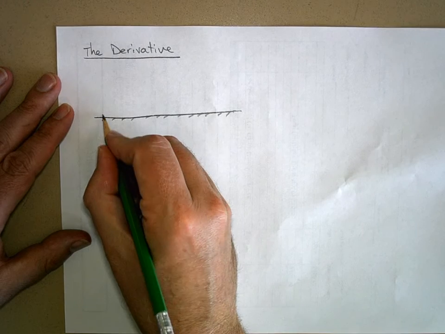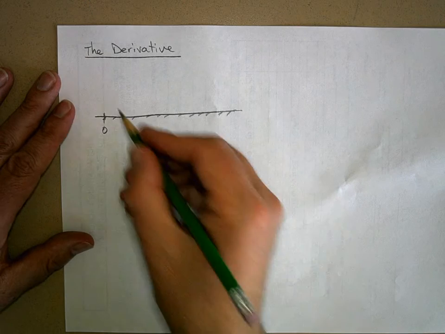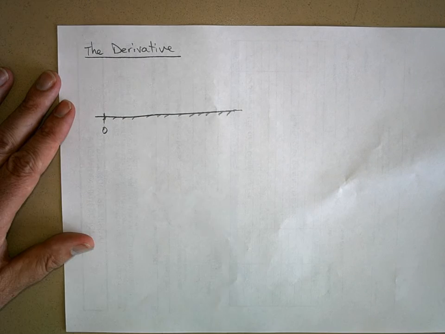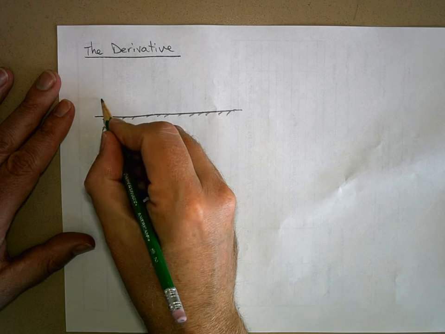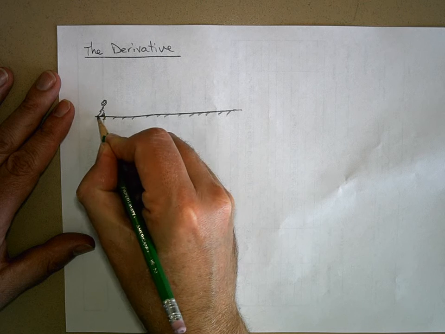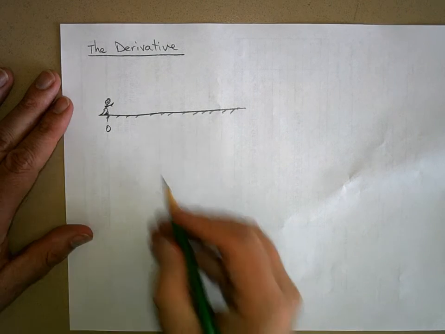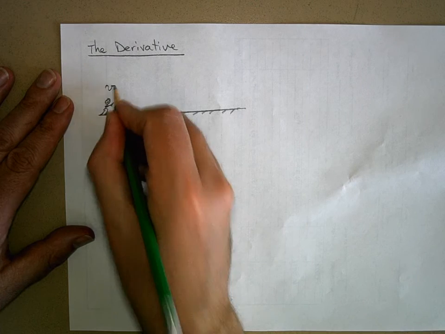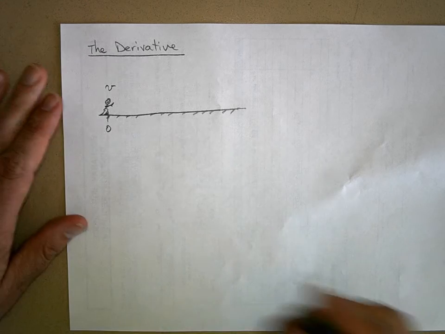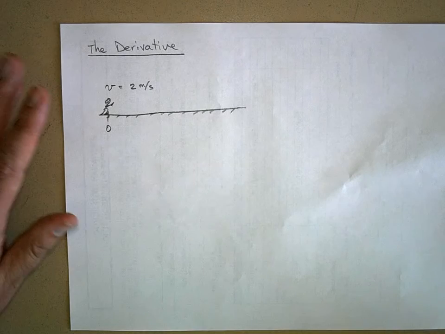And let's say they're going to start right here, so we'll make that the origin. So here's our person, and they're going to walk down the street. Let's say we'll keep it at a constant velocity for right now. Their velocity is 2 meters per second.